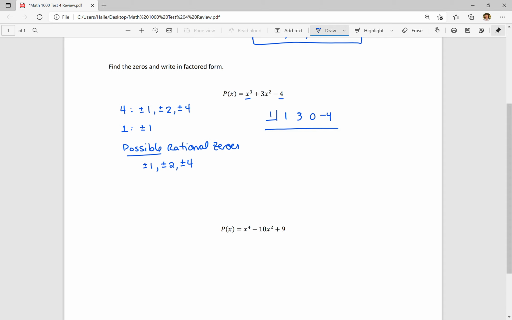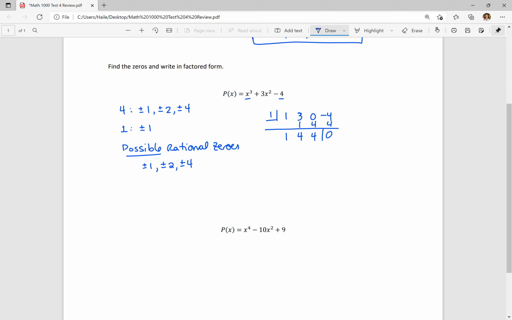Okay, so the way we do synthetic division, we bring down the first number, multiply through by the number in the box, and write it under the second number. Add going down, so 3 plus 1 is 4, and then we repeat the process. So 1 times 4 is 4, 0 plus 4 is 4, 1 times 4 is 4, and negative 4 plus 4 is 0. So this is what we want.